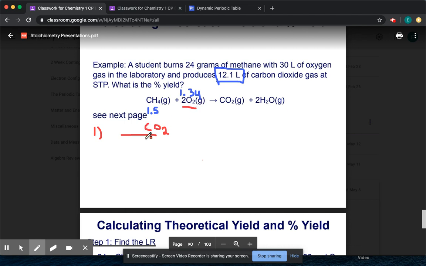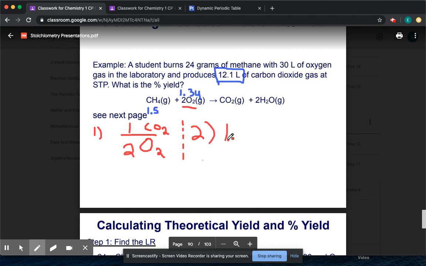We are coming from oxygen, so oxygen should go on the bottom. Then we look at the coefficients. Carbon dioxide gets a 1, and oxygen gets a 2.